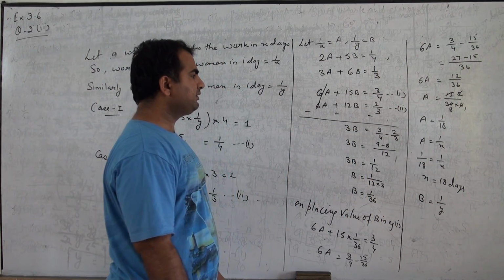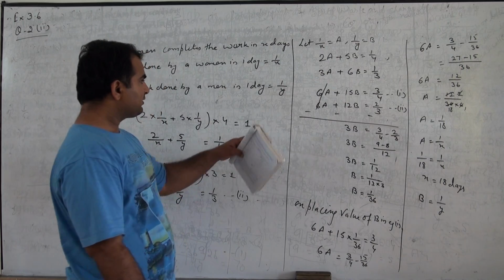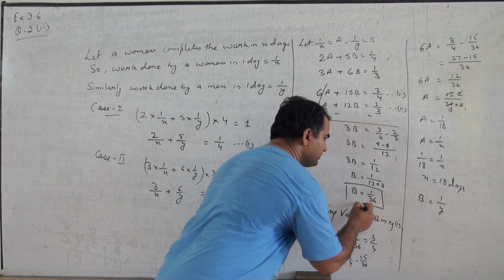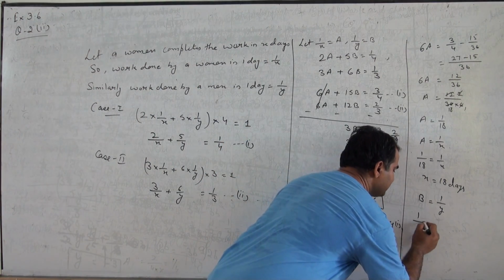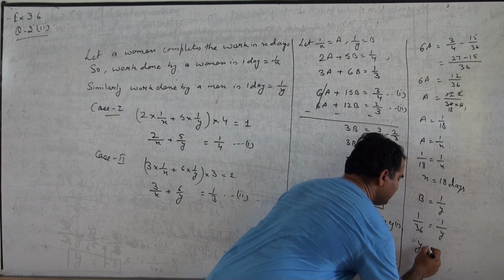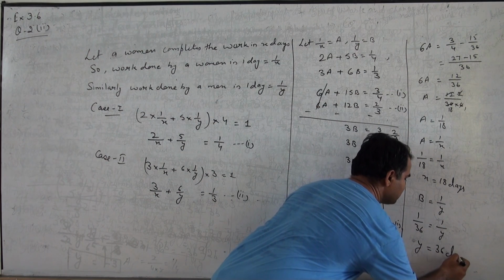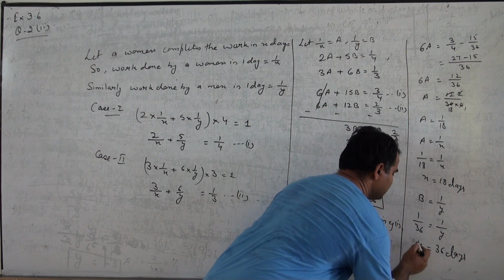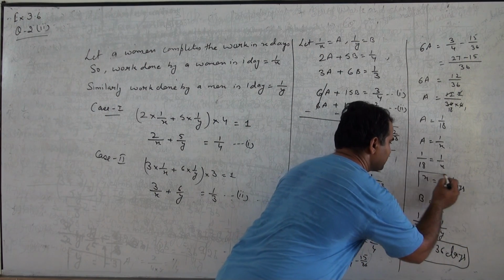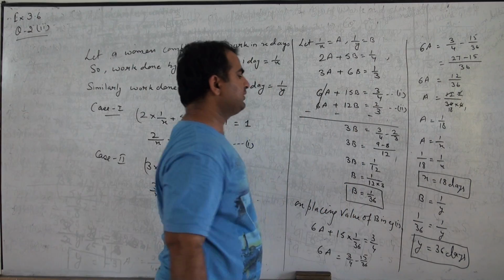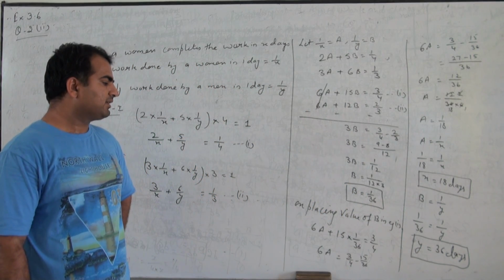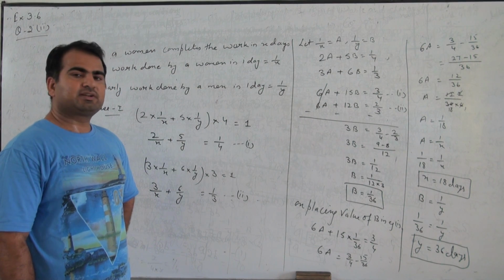What was the value of b? The value of b is 1 by 36. So 1 by 36 equals 1 upon y. So y will be 36 days. So we got the answer that a woman will complete it in 18 days, and a man will complete it in 36 days.